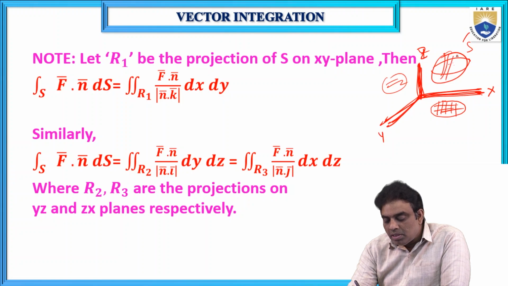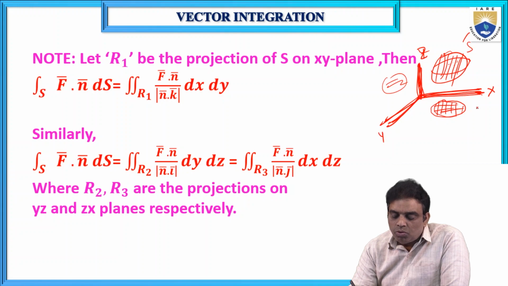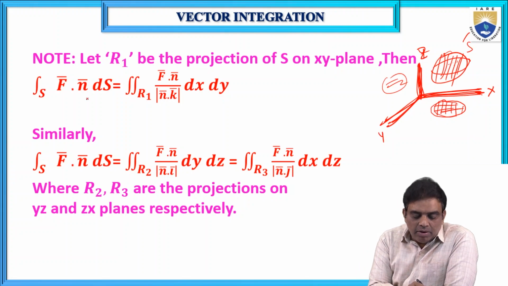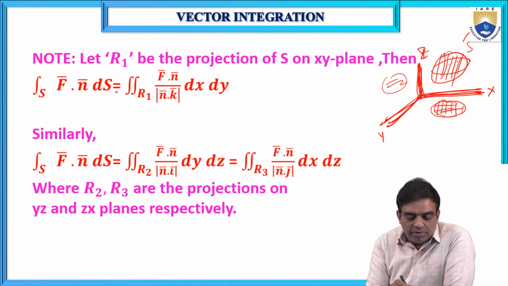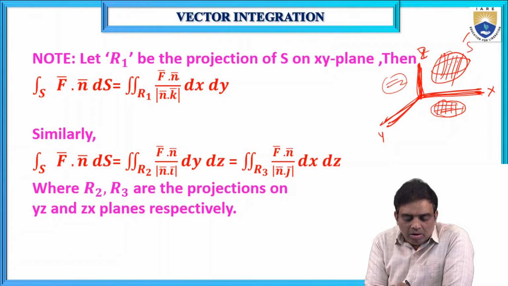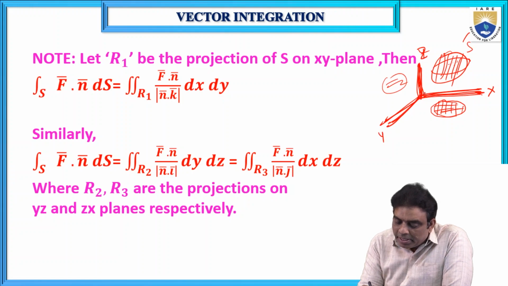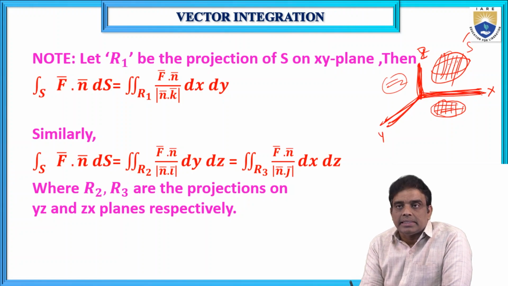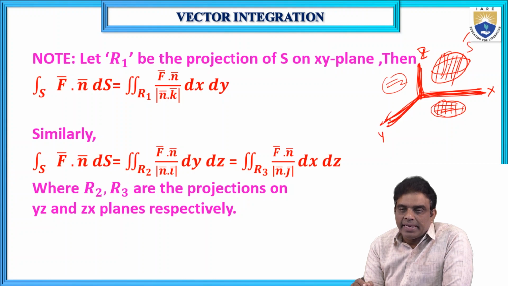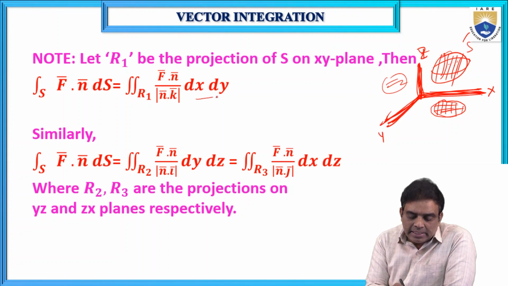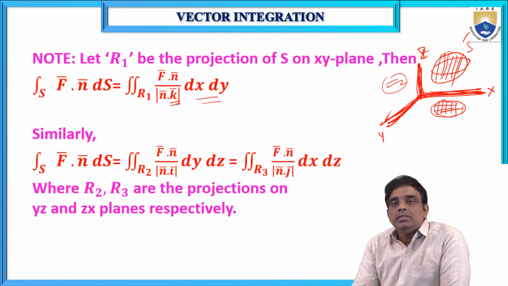Then the integral over S of f bar dot n cap ds is equal to the integral of f bar dot n cap, and there are two limits, because if the length is x, then the width will be y. So you will get dx dy by magnitude of n cap dot k bar. Since it is in the xy plane, k bar is the z coefficient.